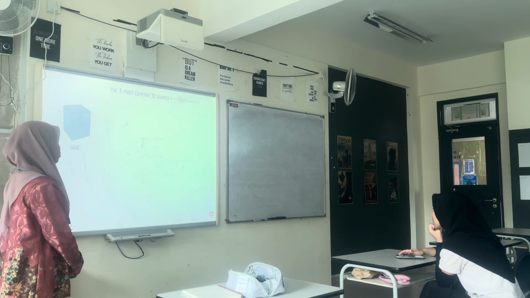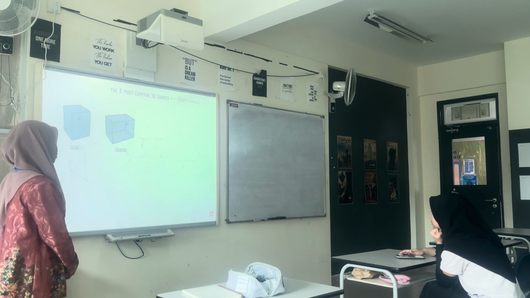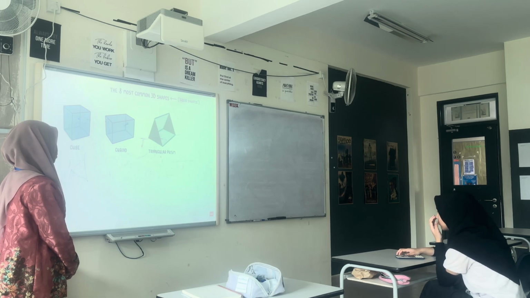If we move the cube over, the other 3D shapes that you need to know are the cuboid, which is like a cube, but it's being stretched out because it can have rectangular faces rather than all square faces. The triangular prism, which has triangles at either end, connected together by 3 edges.